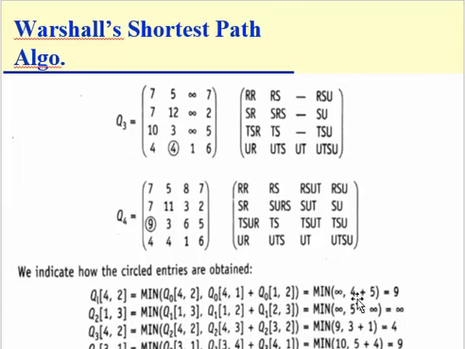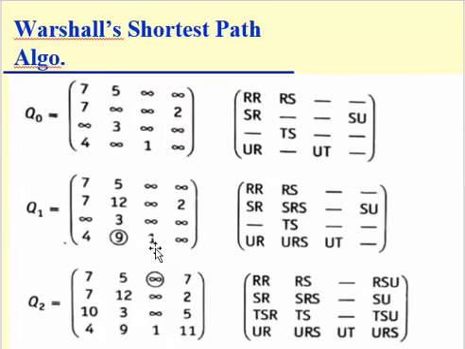So it is minimum of infinity and 4 plus 5, you are getting 9. So like this way, actually you need to find out all the entries. All the entries you need to check, even these ones also, but these ones are not changing, they are remaining infinity only. Next you take Q2. Here this value is changing.